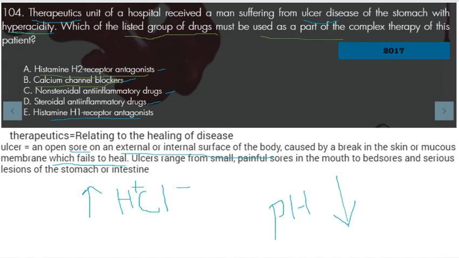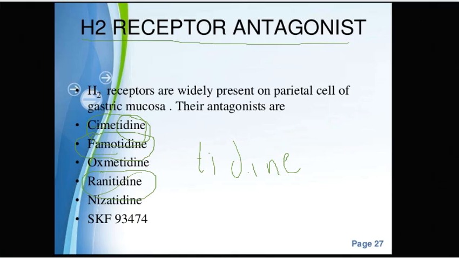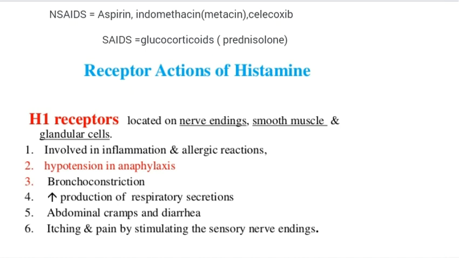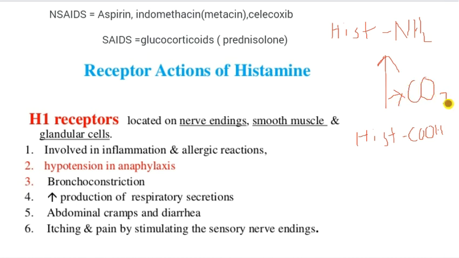Histamine H1 receptor blockers. We need to understand that. First we need to understand the fact that histamine comes from histidine, histidic acid, by a decarboxylation reaction.